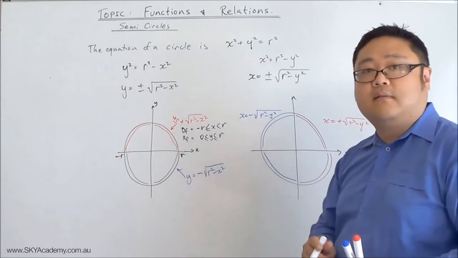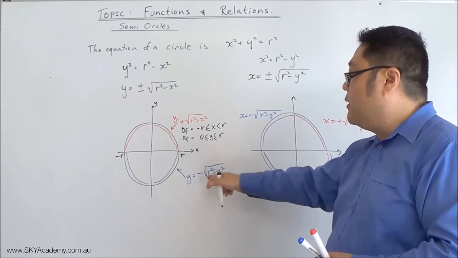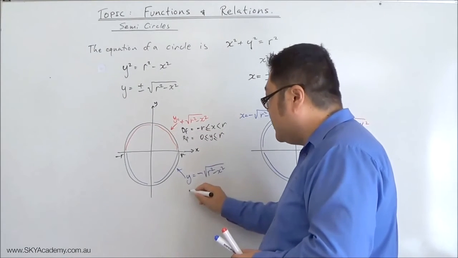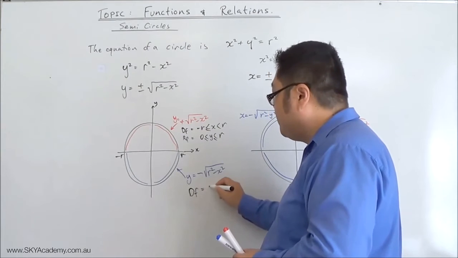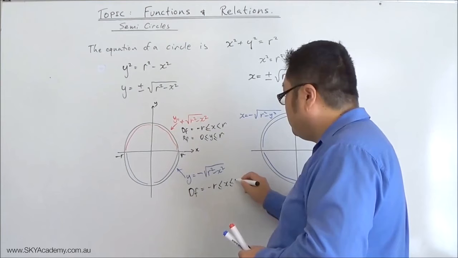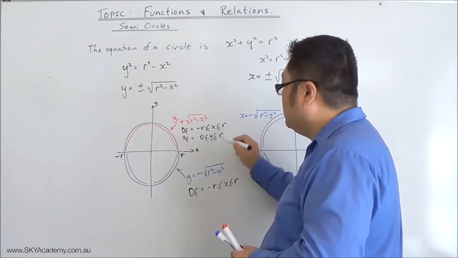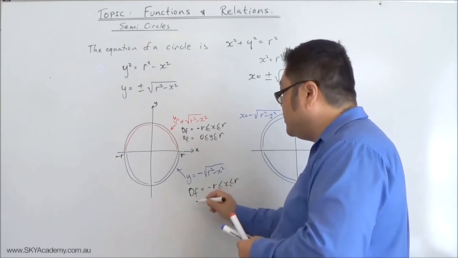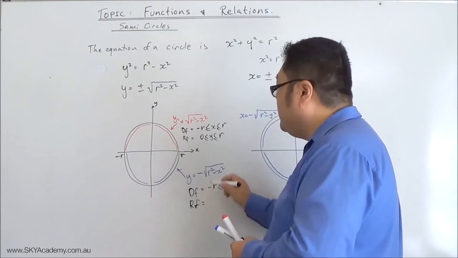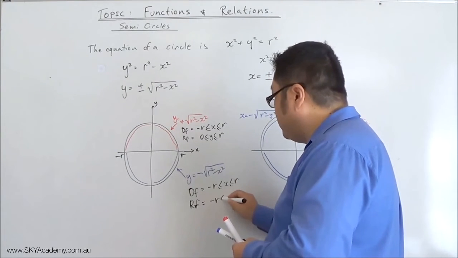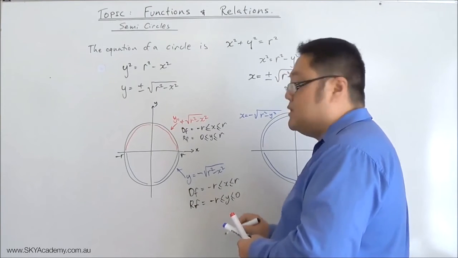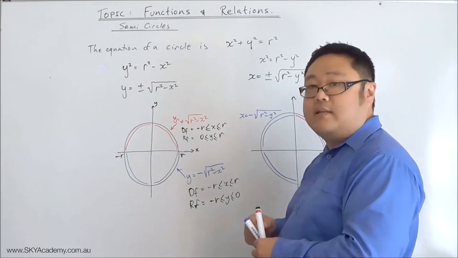Does that make sense? Yep. Whereas the domain and range for that would be the same. The domain would be the same, but the range would be between negative r and 0. Does that make sense?